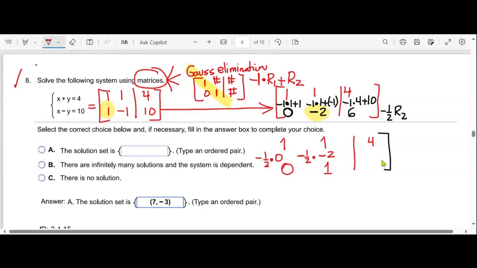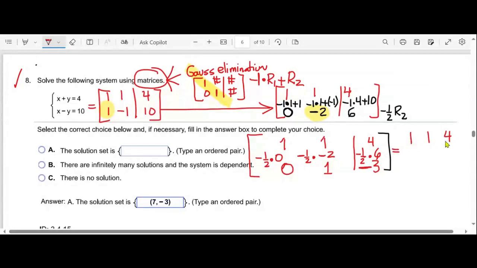Is that okay? Yes. -1/2 times 6 gives -3. Is this clear?